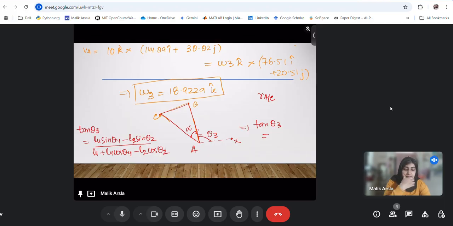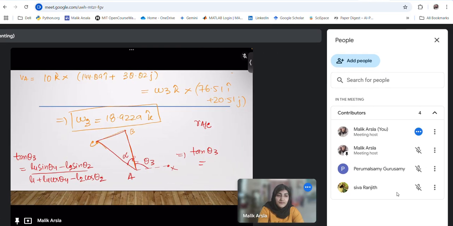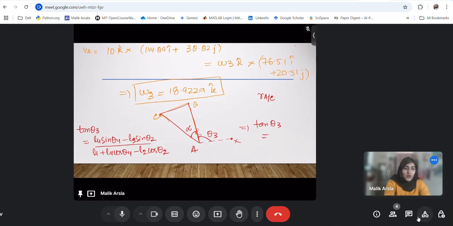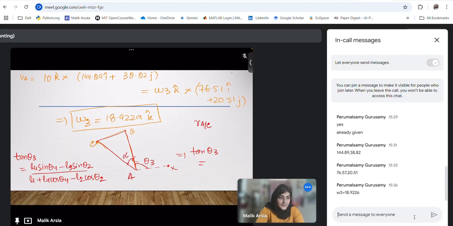Put the values of L1, L2 and L4 from the question. Theta 4 and theta 2 are also given.